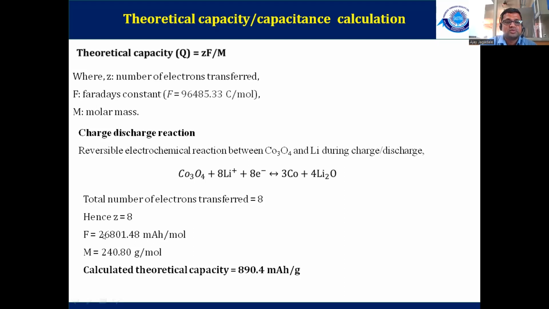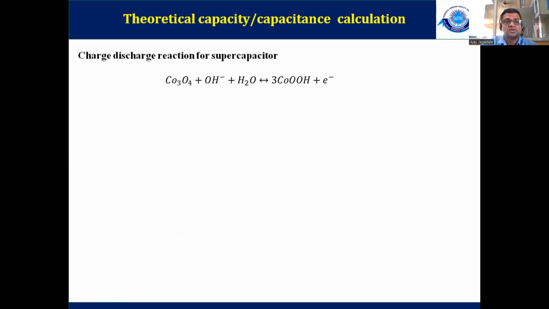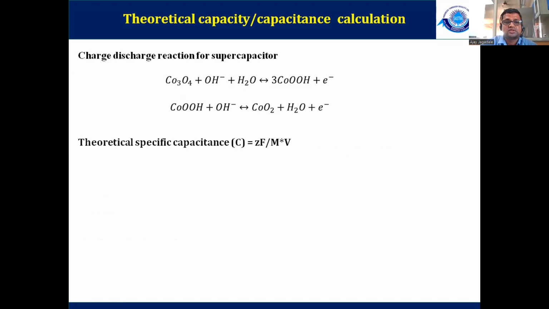One can simply substitute the value of Faraday's constant and the molar mass of cobalt oxide, and find the theoretical capacity, which turns out to be 890.4 milliampere hour per gram. Similarly, one can find the theoretical specific capacitance. Cobalt oxide is also reported as a pseudocapacitive electrode material under alkaline conditions.